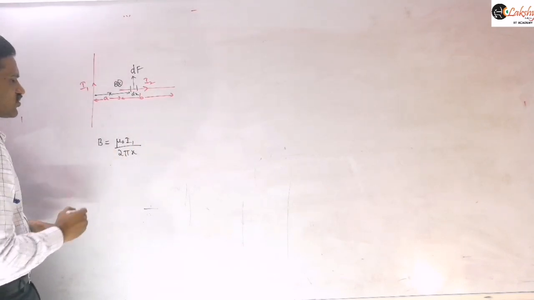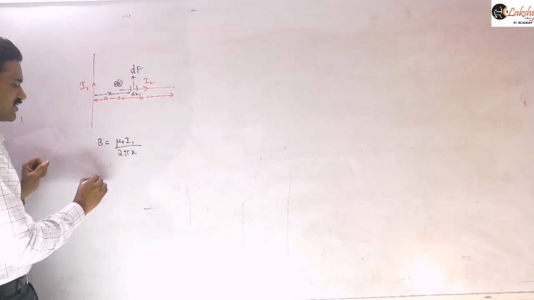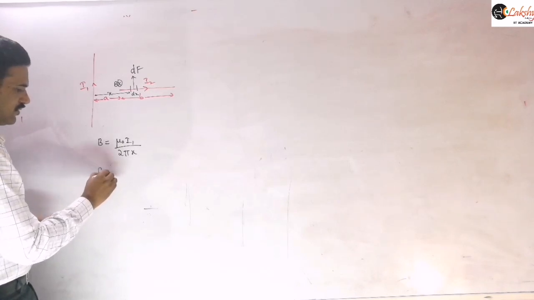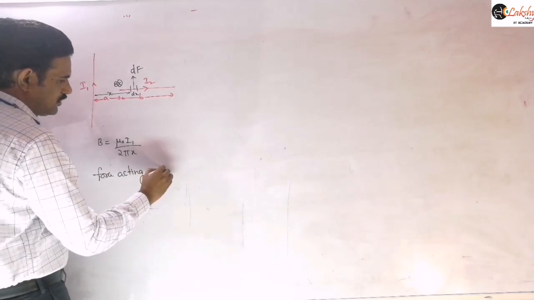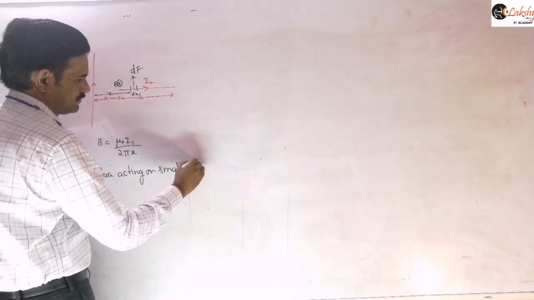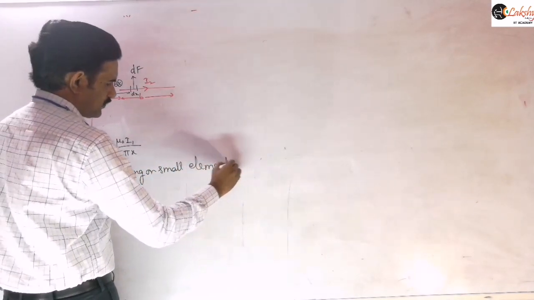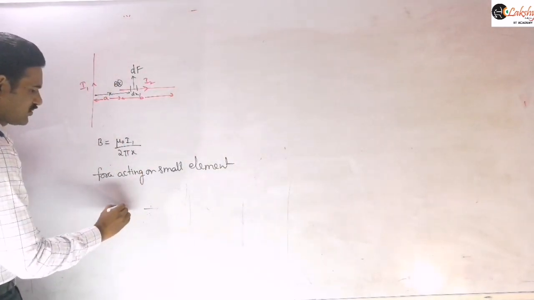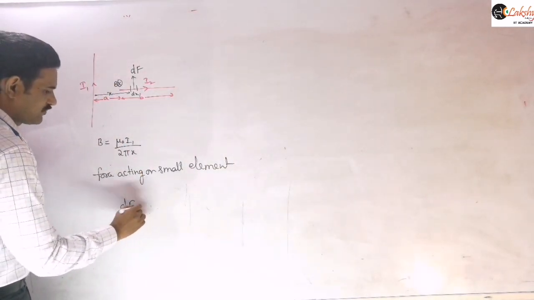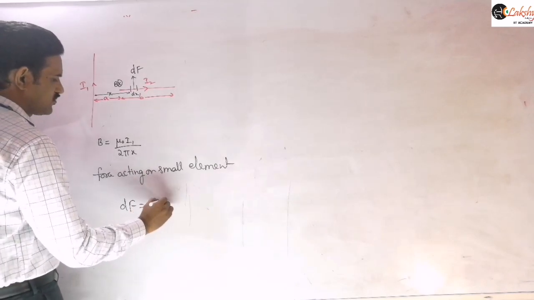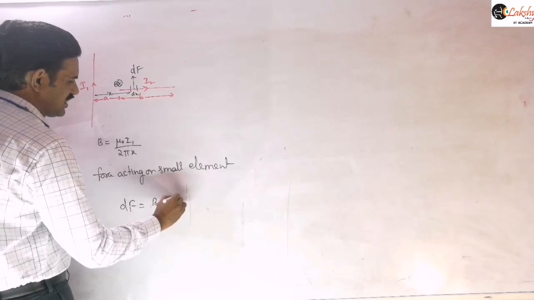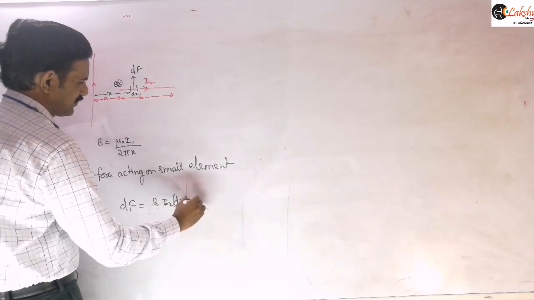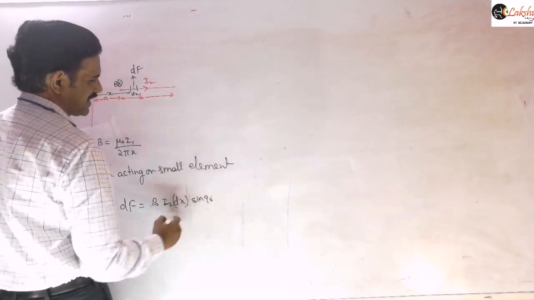Next, the force acting on the small element. You can write dF is equal to B into I2 into dl, that means dx, sin 90. That is the formula B I L sin theta.